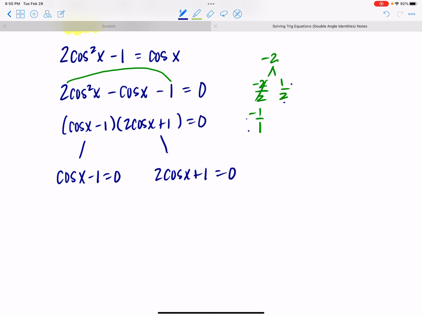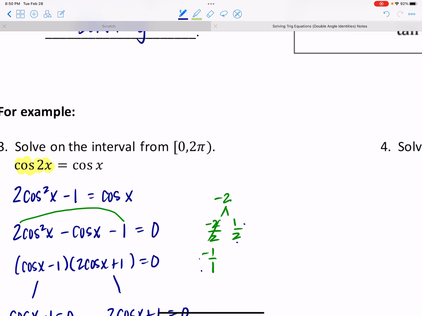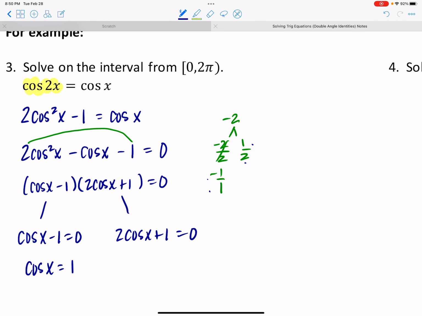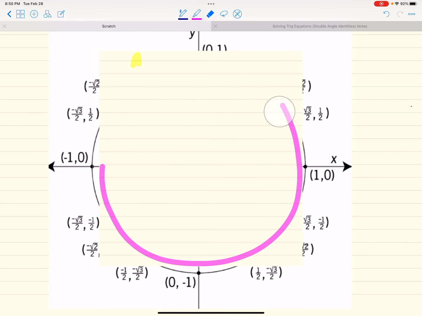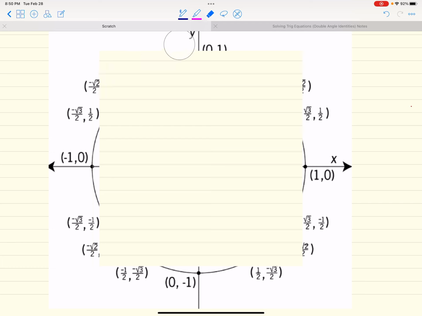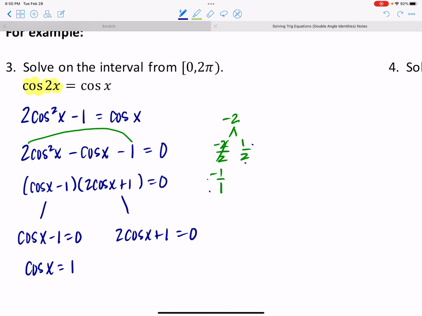So this will be, where is my cosine of x going to equal 1? And I can go to the unit circle for that, and we're just over the interval from 0 to 2 pi. Now what we're solving has no double angle, so I don't have to worry about messing with my interval. Where is my cosine equal to 1?